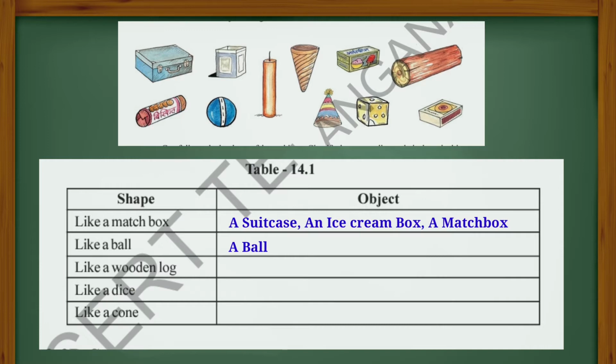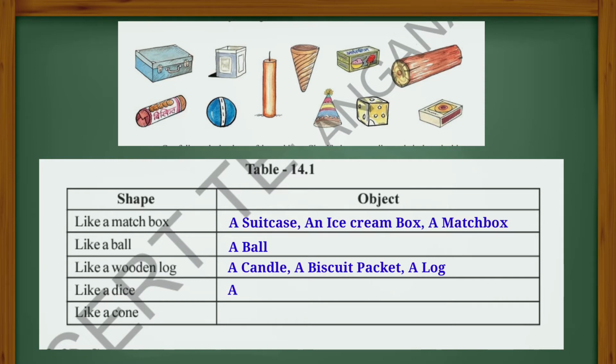Now, identify the objects like a wooden log. What objects are there? Yes, there is a candle, there is a biscuit packet, and a log is also there. Isn't it? Yes. Now, identify the objects like a dice.